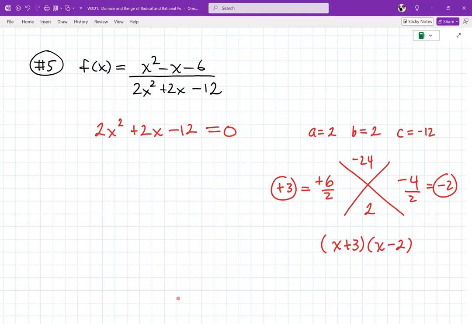When that doesn't happen, then you automatically have to bring out the number you divided by. That's why I like to factor it first, because if I factor it first, this is exactly what it would look like. I would have factored the 2 out, and then I just would have done the x method for the remaining pieces, which would have been x plus 3 times x minus 2. So it's just more complicated when you get a little lazy and don't factor things out. It's better to simplify as you do the work.